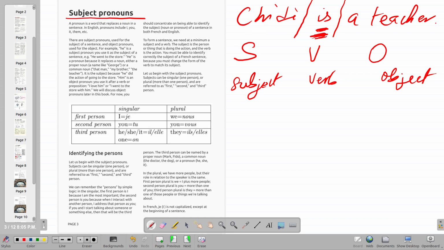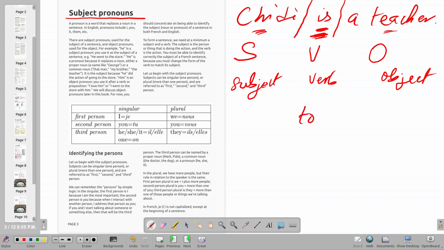The action goes, the verb translates the action to the object. So in a simple sentence, the person that does the action of the verb is the subject, and it usually comes before the verb.